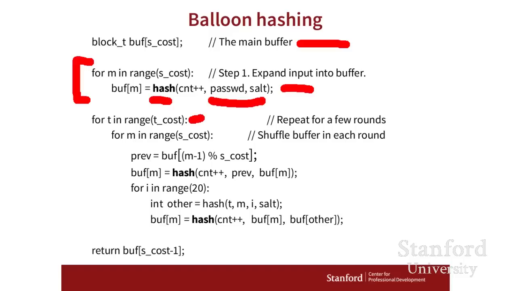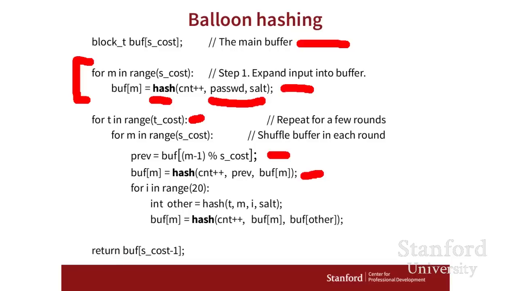We take the previous value in the buffer. When we're looking at element number m, prev is just the value of the buffer element at position m minus 1. And then we hash the element at position m minus 1 with the element at position m. So we just hash two consecutive values.